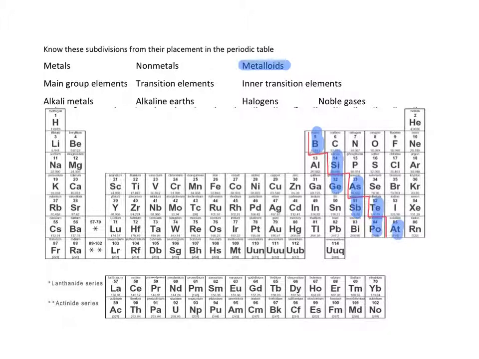The nonmetals are those elements up to the right and above the metalloids, plus hydrogen. So here, those are the nonmetals.